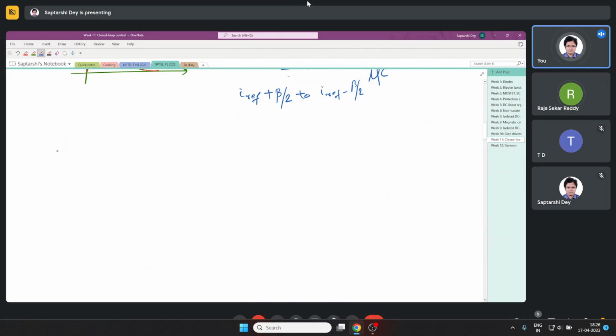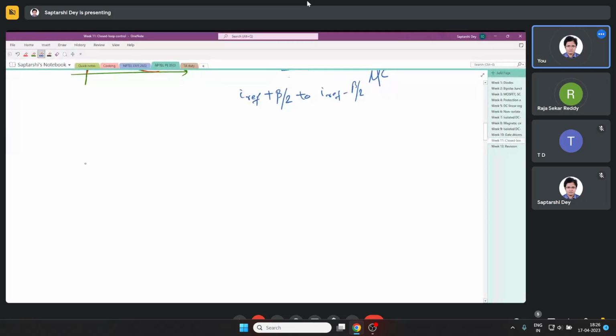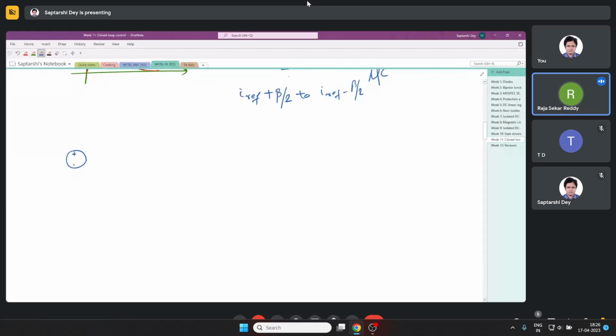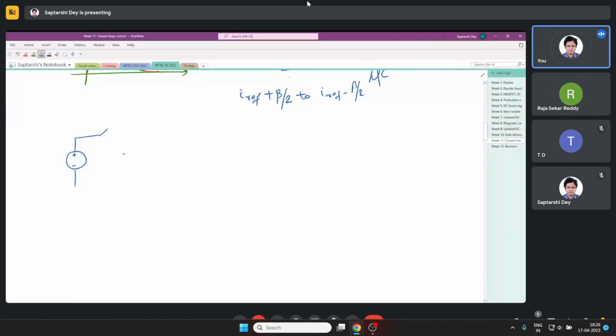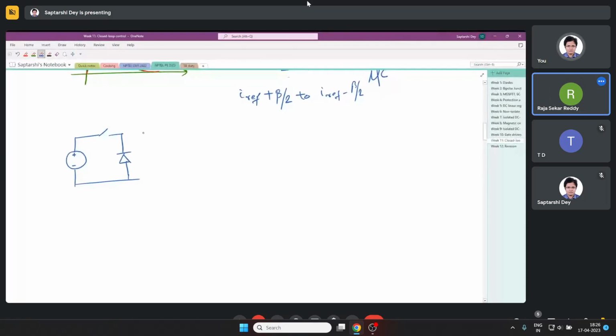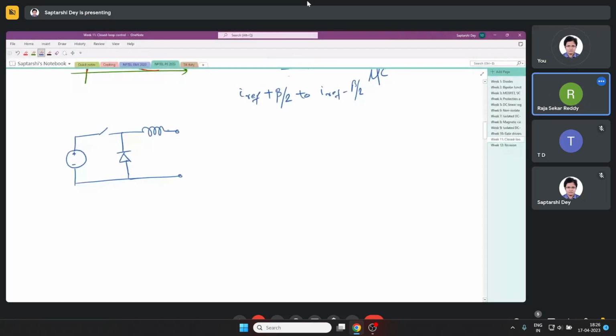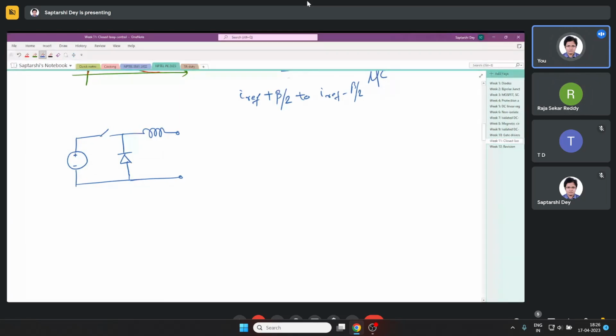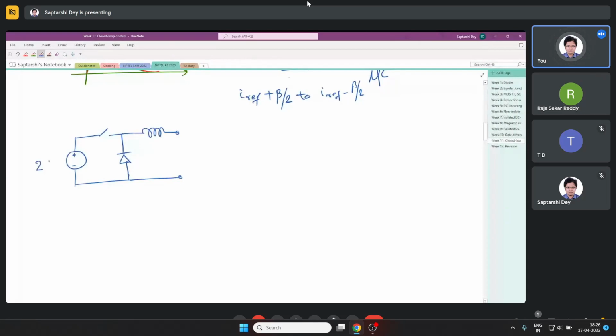So if you see here, if I talk about a buck converter, say, how does it look like? It is like this. So it is a variable voltage source in series with an inductor, right? Now, what is happening? Say I have a 20-volt input.